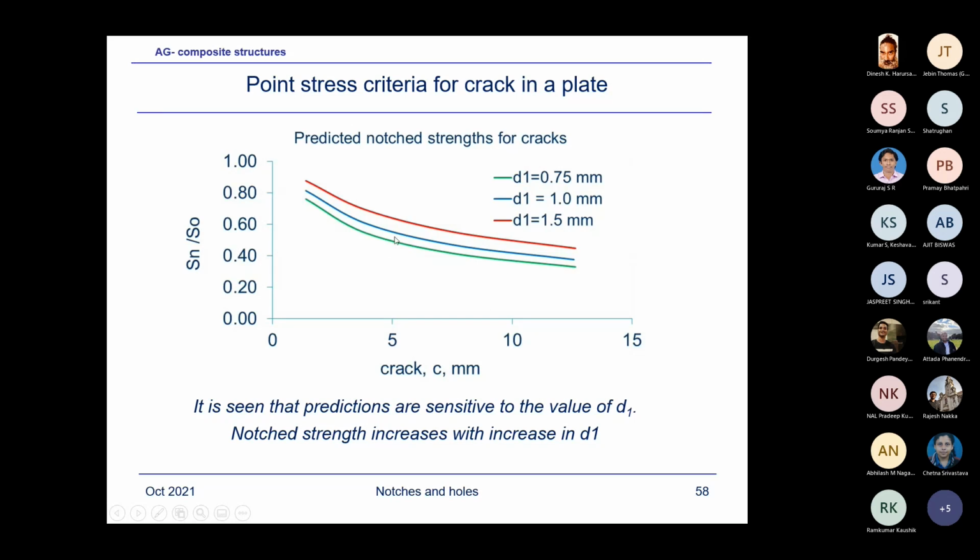And if you choose this 1 millimeter, you will be able to achieve almost like a 10% higher strength. So accurate prediction of the characteristic dimension is important, rather than choosing just a conservative value.